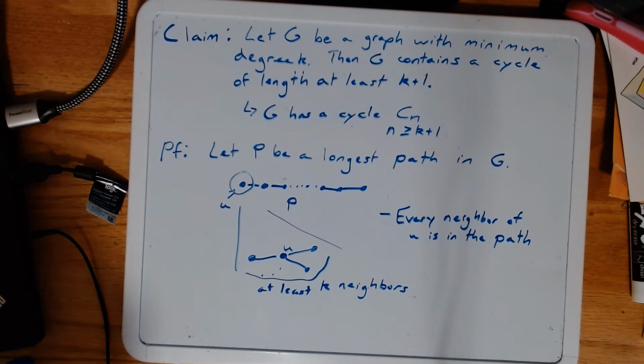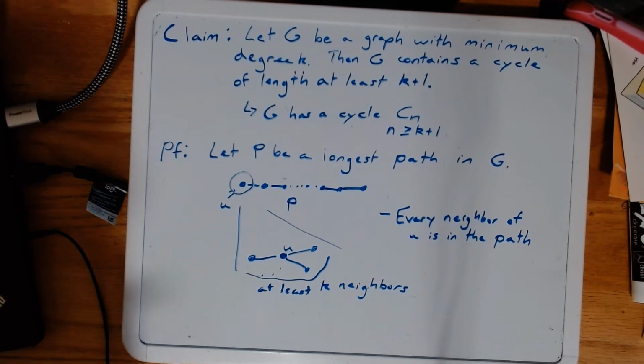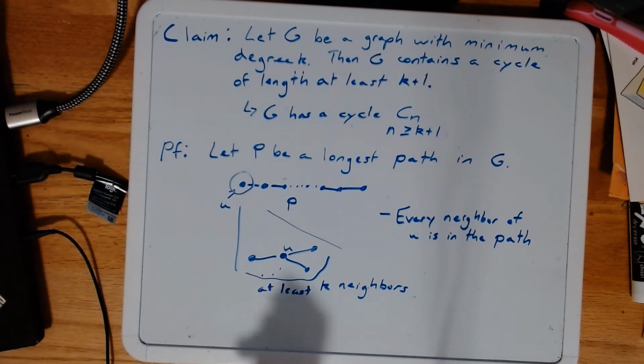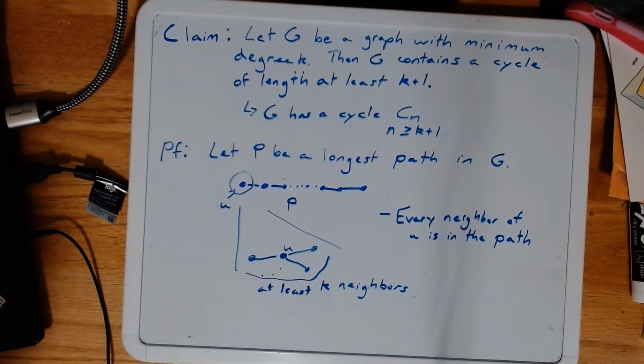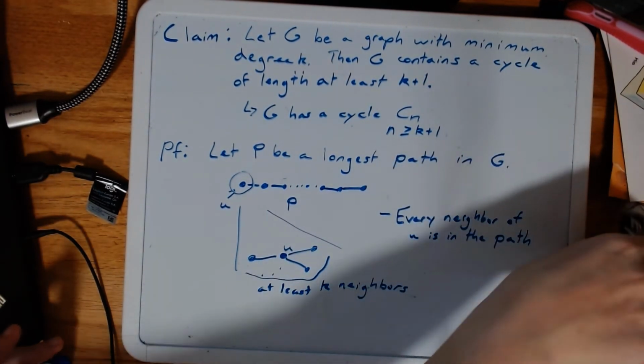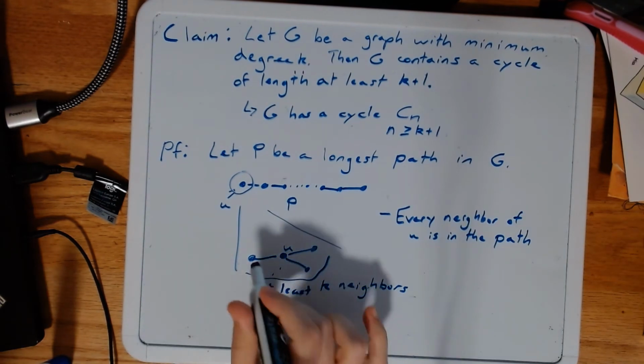Okay. But U can't have an edge to all those vertices in the path, because then it wouldn't be a path. So one of these U does have an edge to. Let's say it's this one.